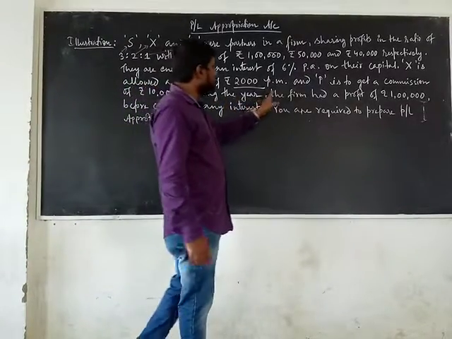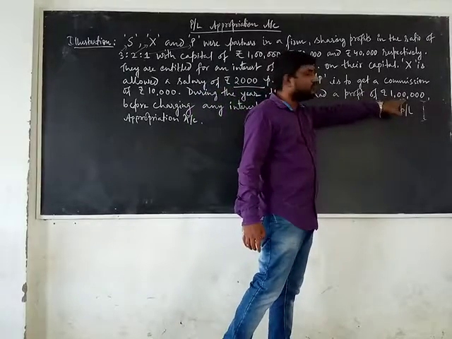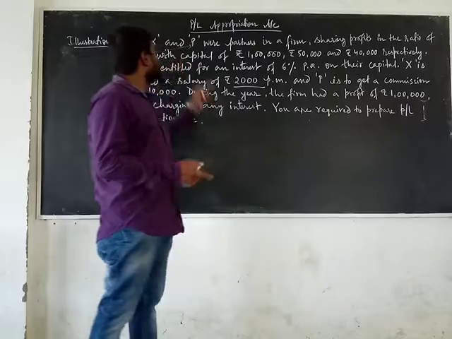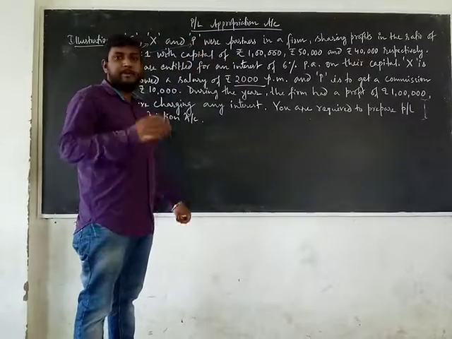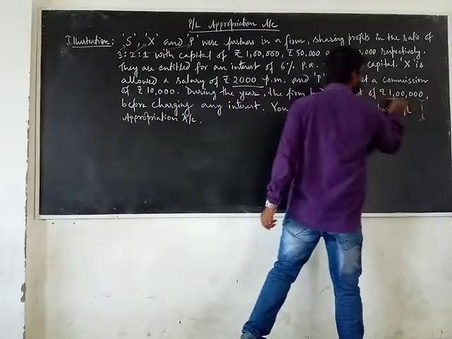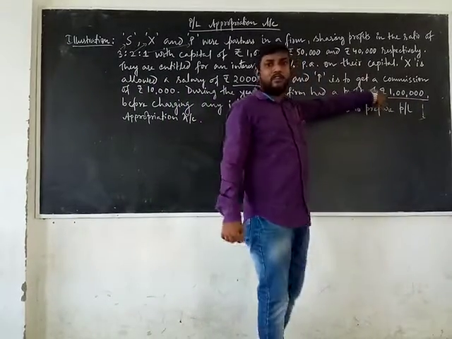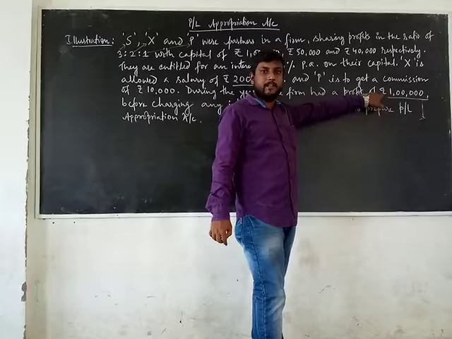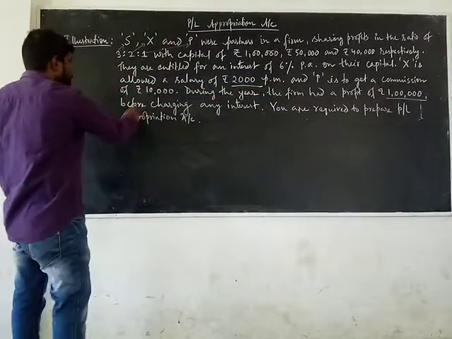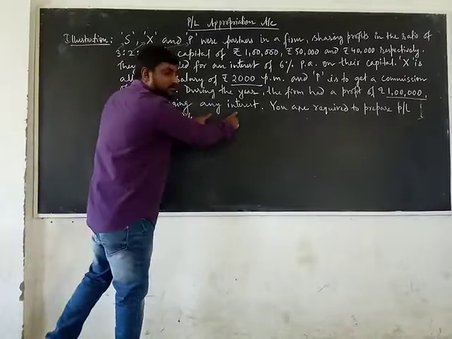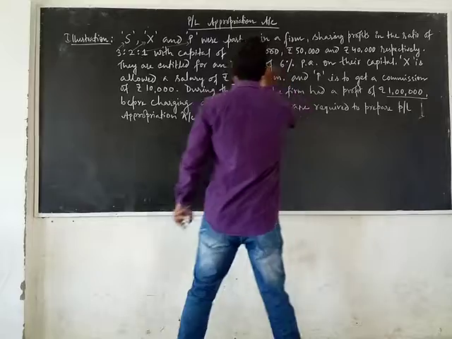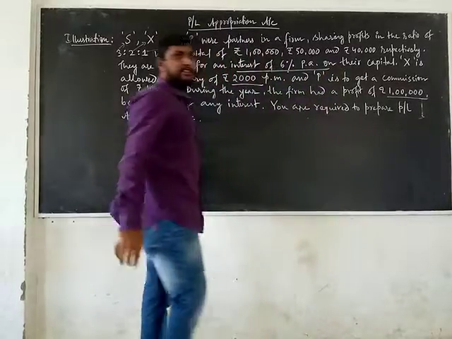During the year, the firm had a profit of rupees 1 lakh. I have told you that before preparing the PL appropriation account, we normally prepare the profit and loss account. Now this profit of rupees 1 lakh has been ascertained from the profit and loss account. The firm had a profit of rupees 1 lakh before charging any interest, that is, before charging capital interest.